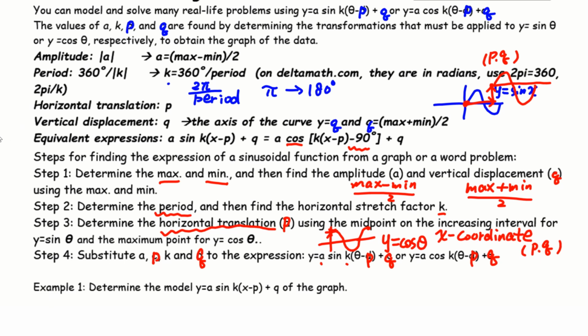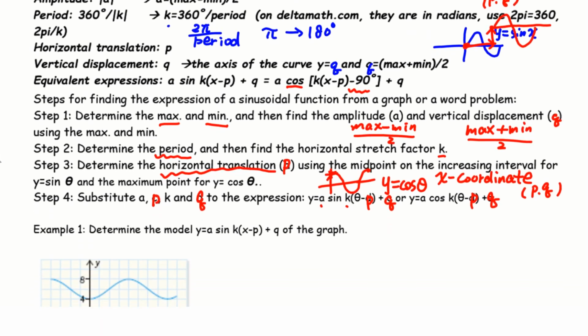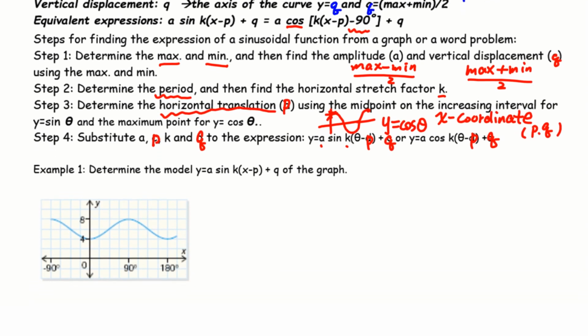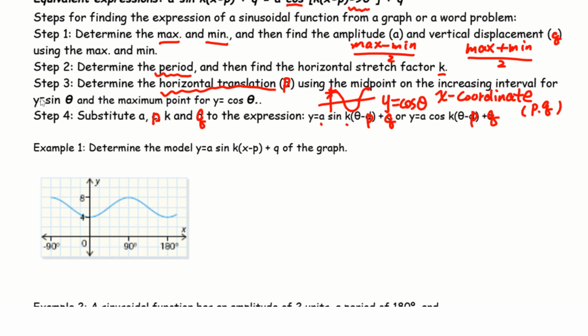Now we are going to see, if a graph is given, how we can follow these 4 steps to find the equation of this graph. From here we are going to find the maximum and minimum first. The maximum, the highest point of the graph, is 8.